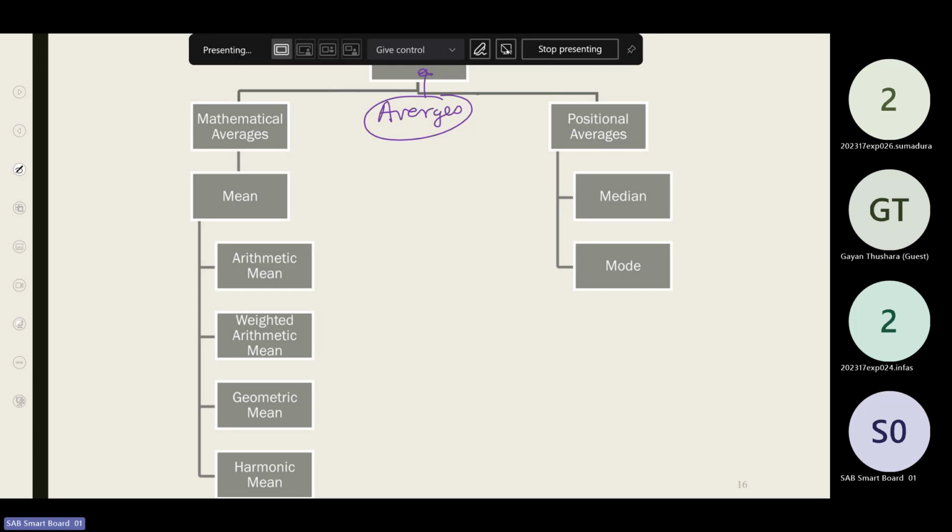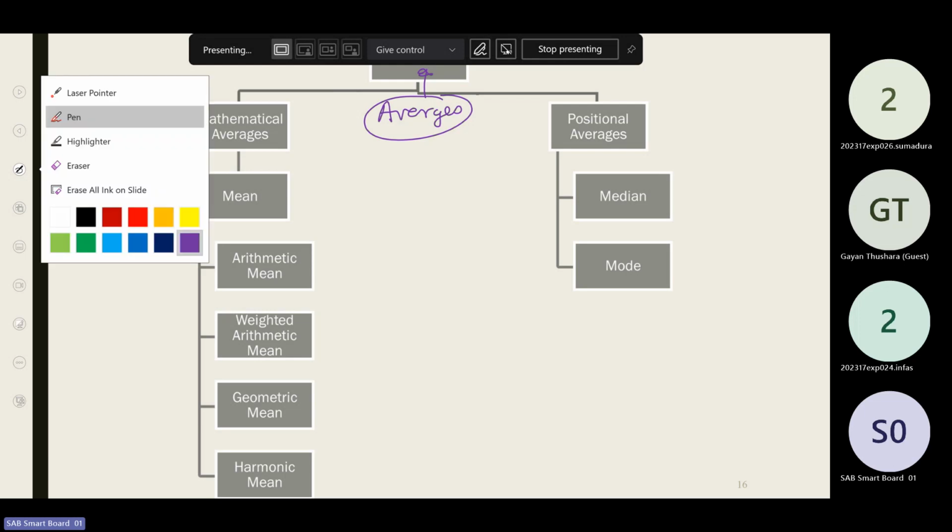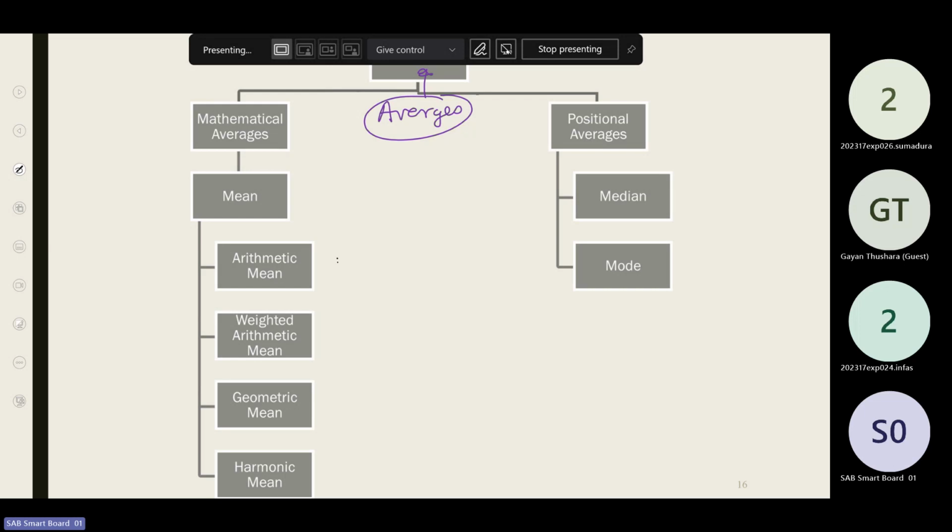Under positional, we have the median and the mode. In short form, arithmetic mean we denote as AM, weighted arithmetic mean as WAM, geometric mean as GM, and harmonic mean as HM.